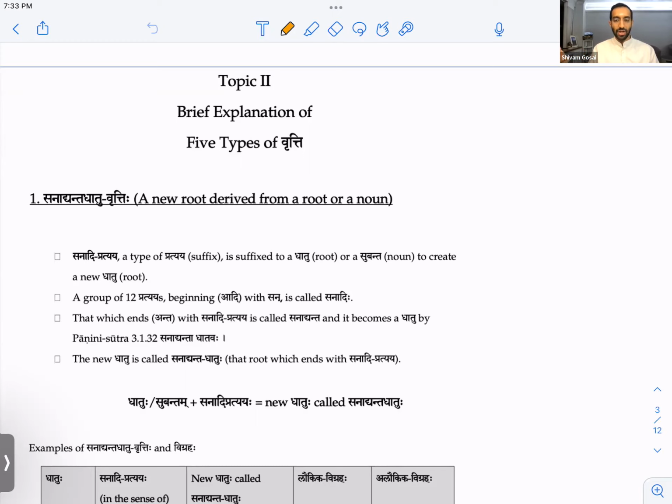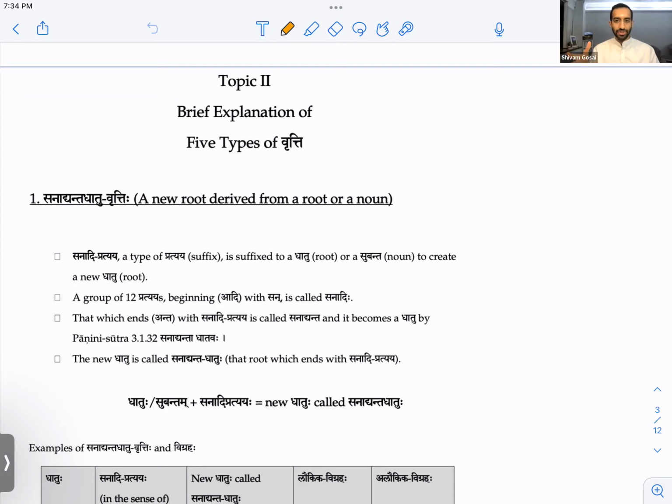We're talking about the vyutpanna, the derived versions of dhatu, and the vyutpanna pratipadika. We don't want to make new words. Words are made in scripture, in the Sanskrit language, and we want to be able to understand them. So we're looking at these derived words because the language is made up of these types of words.